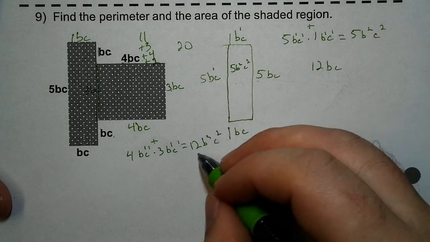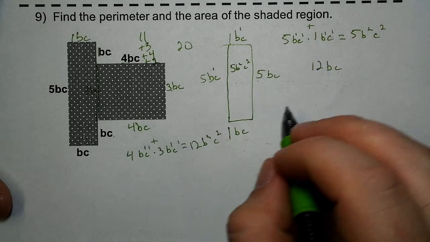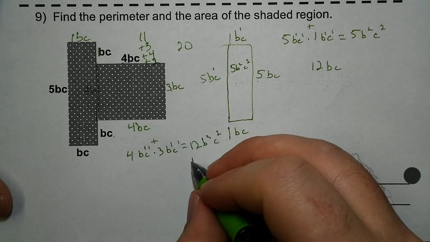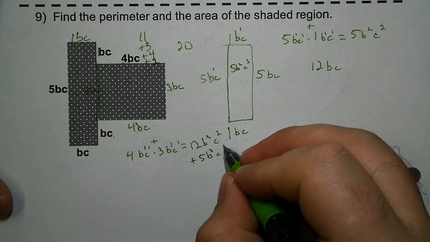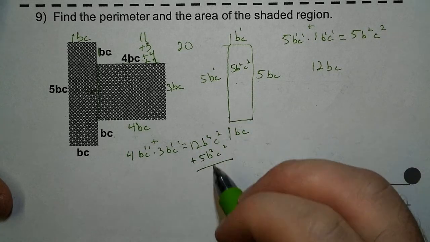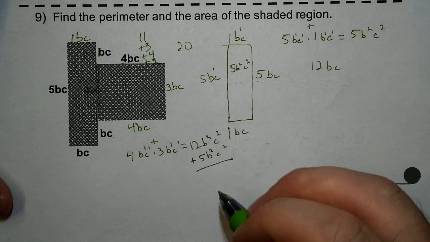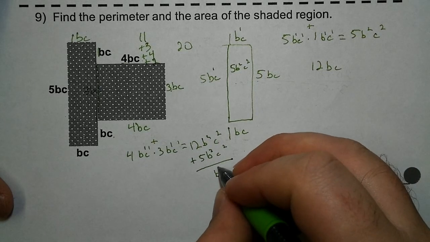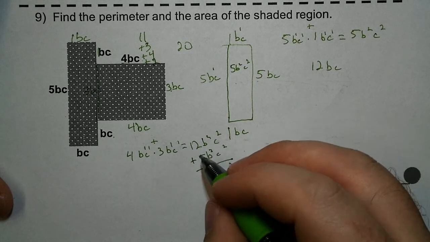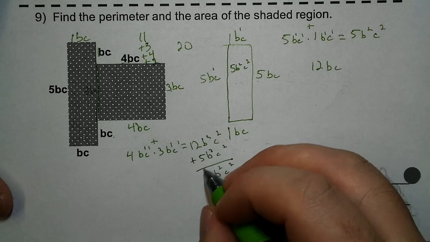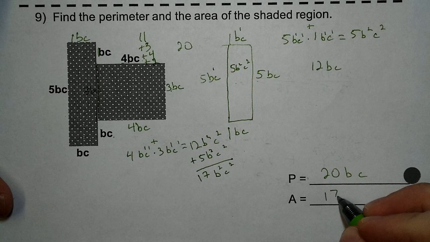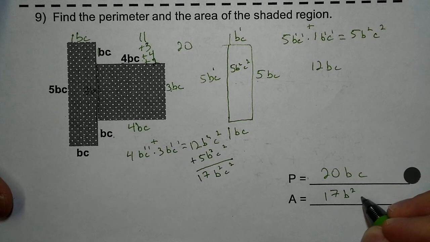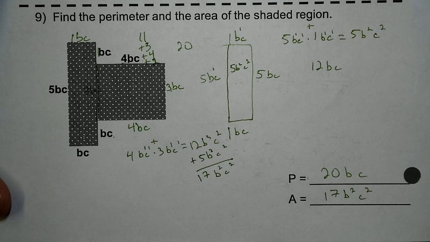Now, this is the area of that one. This is the area of the tall one. So we need to finish it out and combine them. When we add or subtract like terms, the variables don't change, so it's still B squared, C squared. The only thing that changes is coefficients. 12 plus 5 is 17. So the area then is 17 B squared, C squared.